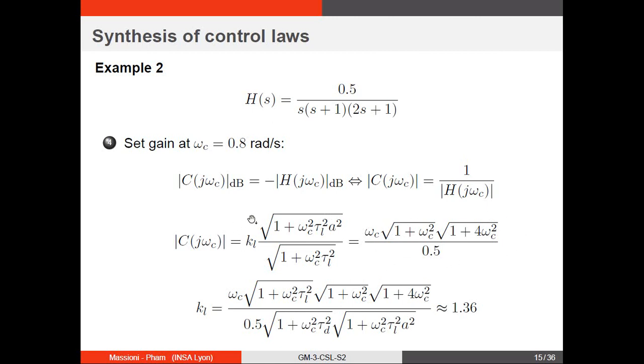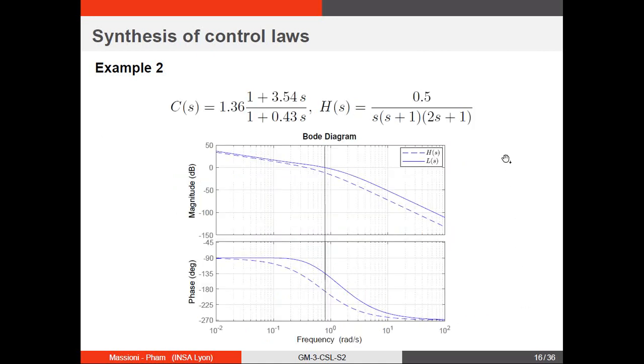This is the gain of the phase lead compensator, the gain of the scalar part times the square root of imaginary squared plus real squared. Everything is known because we already computed A, we already computed tau L, and we know omega c because it's one of our specifications. Only KL is left. Solve for KL and you get the value of 1.36. Final result is this one.